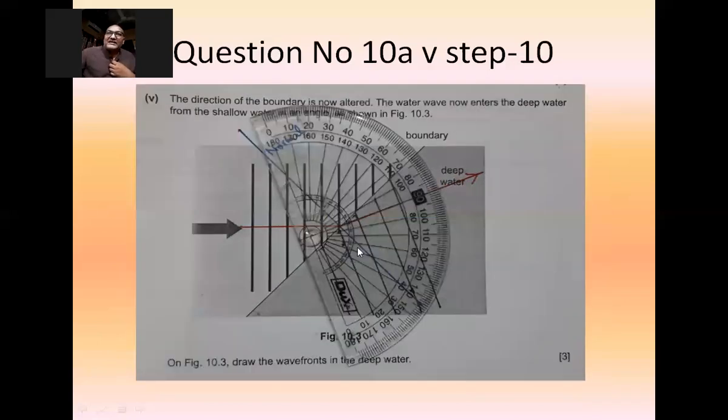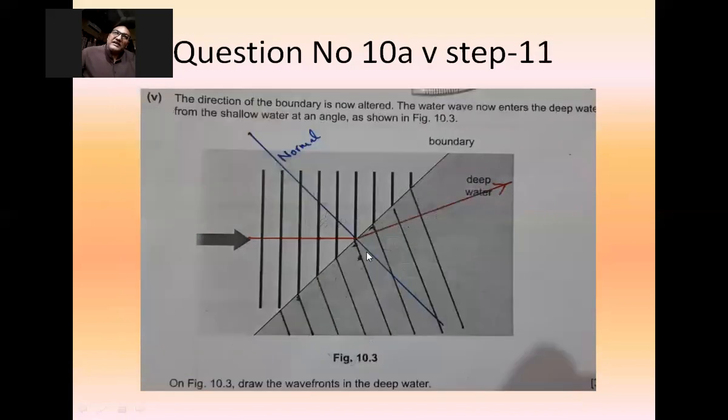Then I will again put my protector in such a way that the crosshair and the 90 both are on this red line, which is in the deep water, showing the direction of the waves. And I will move it further this way. Whenever it coincides with the wavefront in the shallow water touching the boundary, I will draw it here.